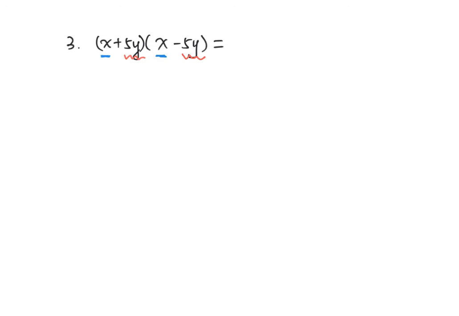So we can apply the identity directly: a squared minus b squared.